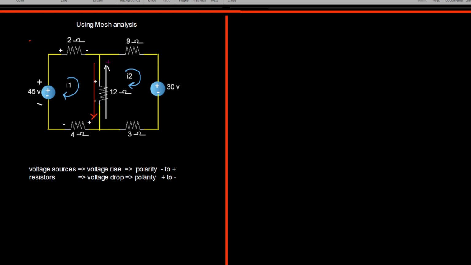So what happens, it is voltage drop in this direction, so that here you have this plus, and on this side you have minus for this I2 current. So this is loop 1 and this is loop 2. For this loop 1 or mesh 1, we will write the equation now.